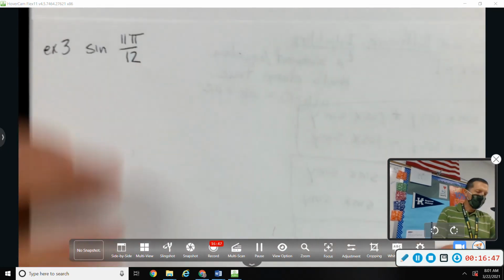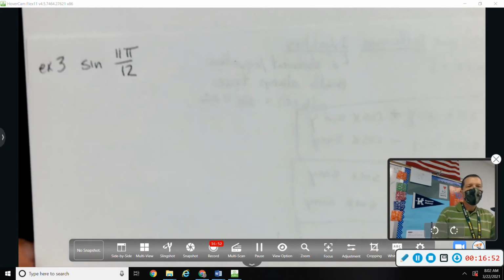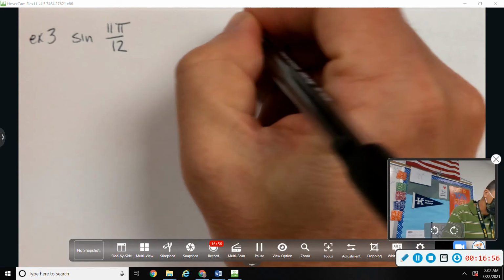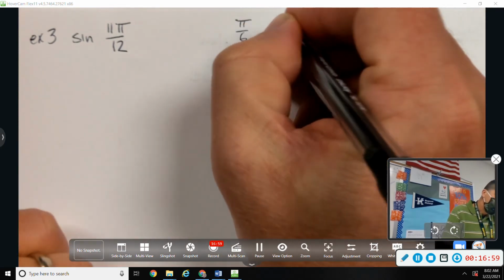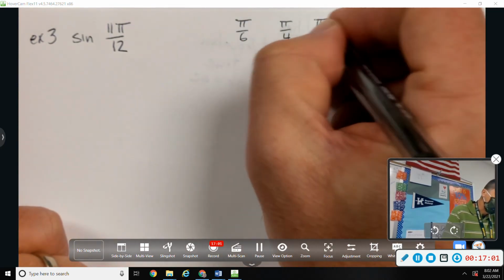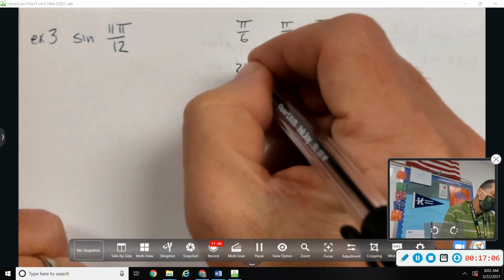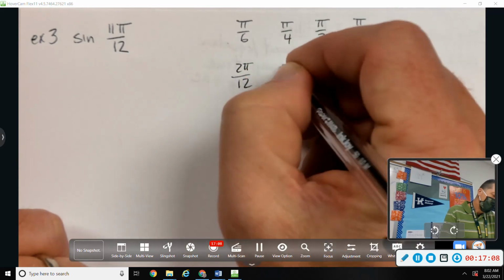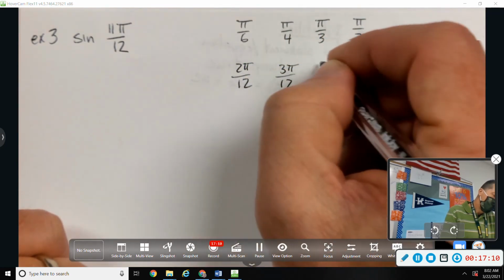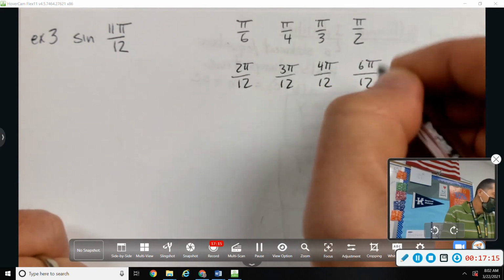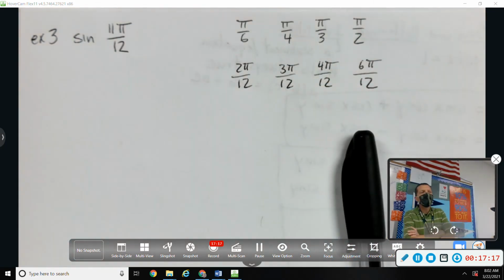All right, sine of 11 pi over 12. I'm going to rewrite them to figure out how to get to 11 pi over 12. Maybe you can figure it out without writing them out. So, again, that's one thing that you might have starred, so you don't have to think about it every time.